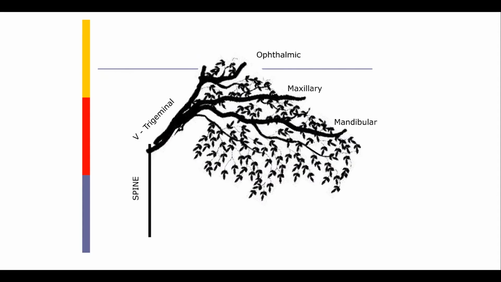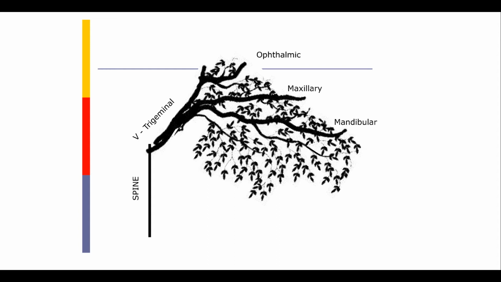Here's another picture of the same thing. I found a picture on the internet of 3 branches of a tree. So again, same thing, just reviewing, driving home the same ideas. The spine is your main trunk, the central nervous system. Off of that, there are 12 branches that go into the cranium, or into the skull.